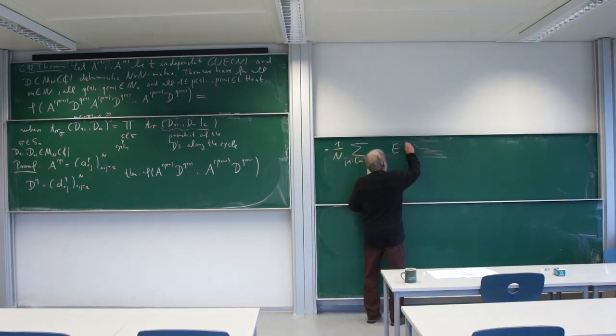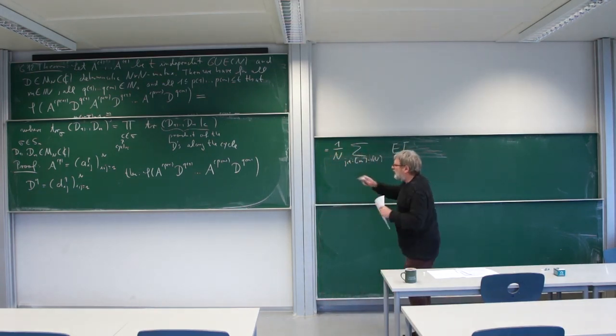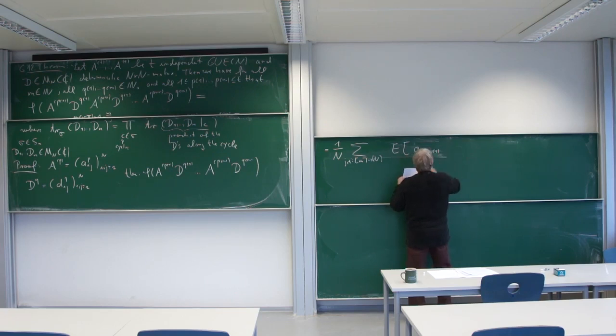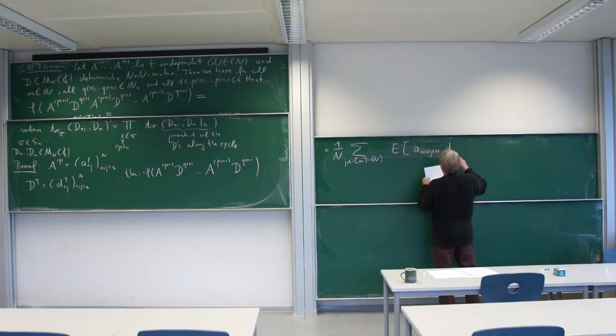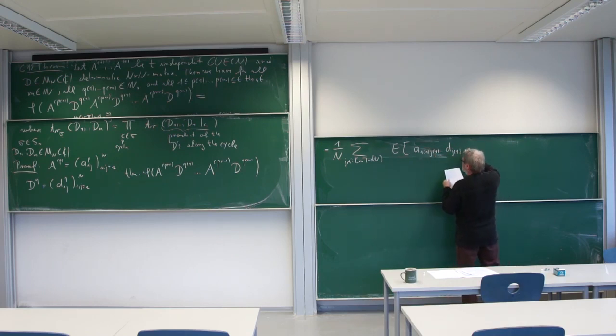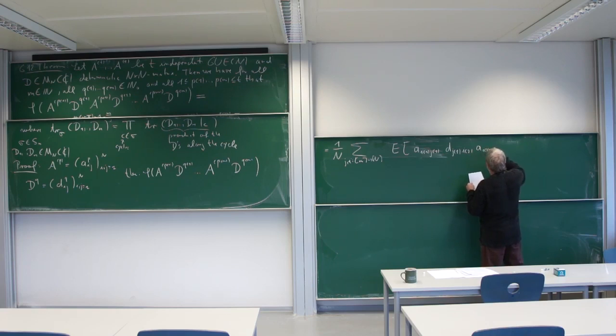Okay, so I take the expectation of, first I have the matrix A, and there I denote the indices by i1 and j1. Then I multiply this with the D matrix, and because matrix multiplication means that this index is the same as this, I have here j1 and the next I call i2. Then again I get an A matrix, with i2 and the next is j2.